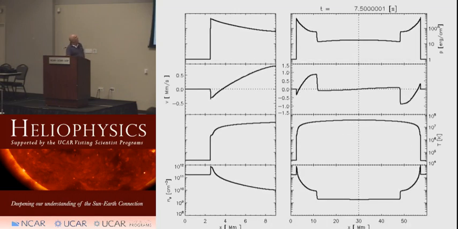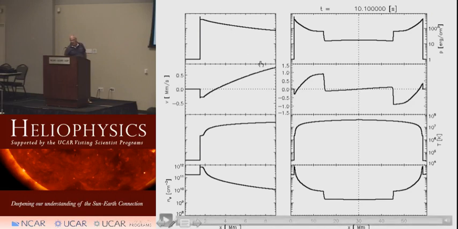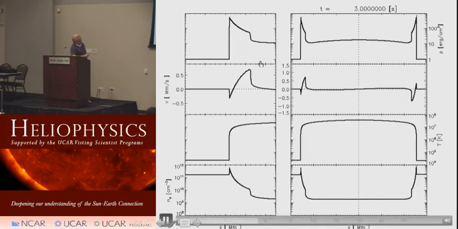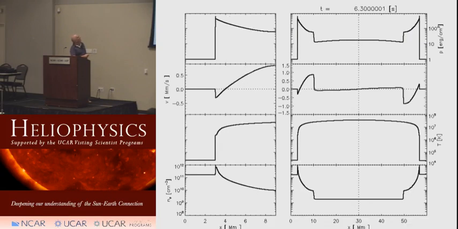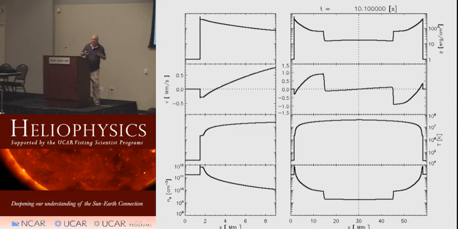You see this beautiful evolution in density, and this is the velocity in megameters per second. You'll see it starts out at 0, but when the heat hits it, it drives stuff upwards and it drives stuff downwards. This is very characteristic and important to understand.